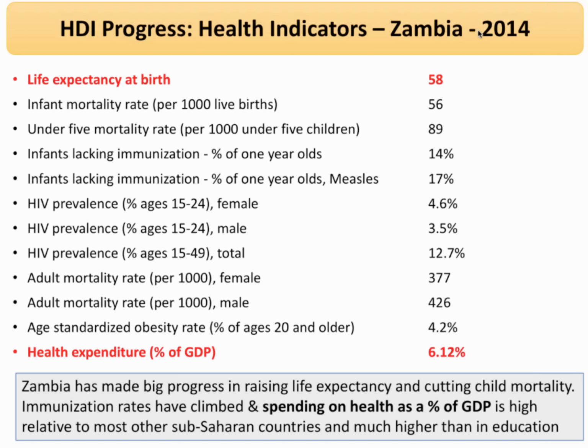In particular, they've brought down HIV prevalence rates, particularly for younger people, below 5%. That's significantly important. But notice in red here how much more they spend on healthcare as a share of GDP rather than education. I think that's quite a significant difference for a country with a relatively low per capita income.